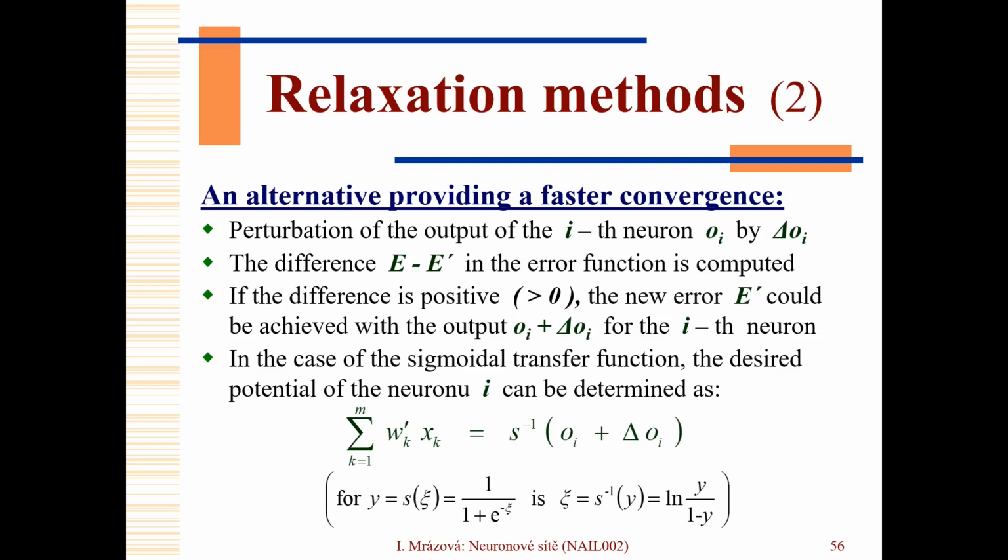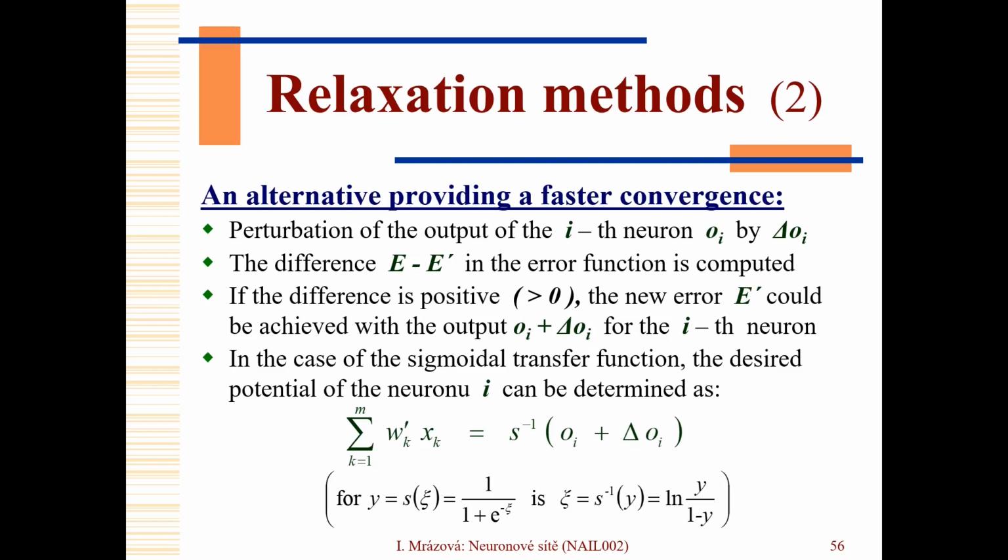Then we compute the difference in the error function, the difference between capital E and capital E prime. If the difference is positive, then the new error could be achieved by using the output Oi plus the added perturbation delta Oi for the i-th neuron.